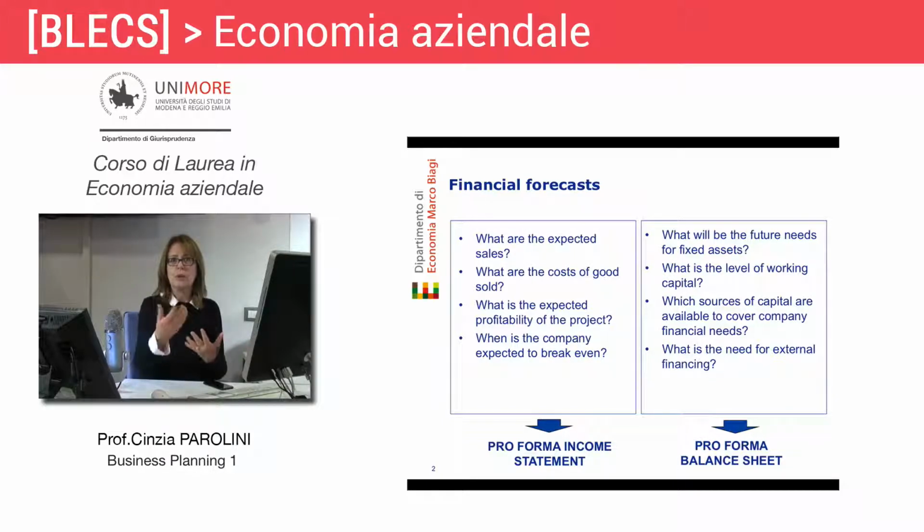If we want to sell a given amount of products, we will have to manufacture and sell them, and so we will have costs. How high will be those costs? What is the expected profitability of the project? The difference between revenues and costs. And when is the company expected to break even?